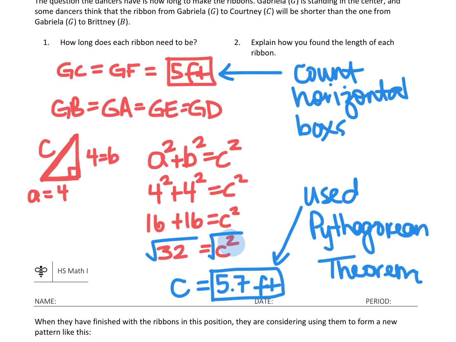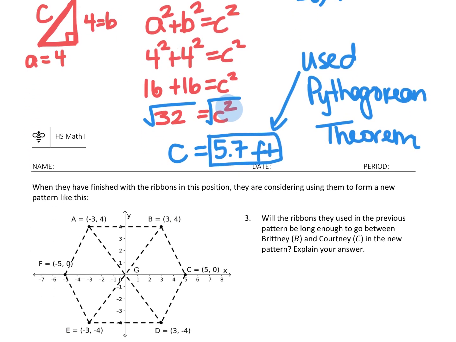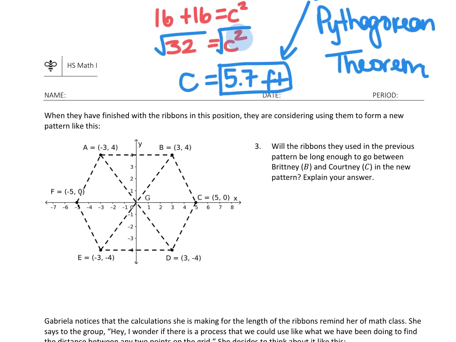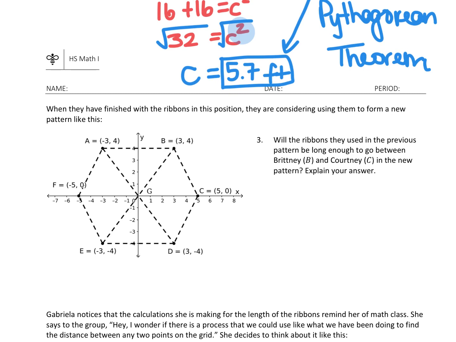All right, let's go ahead and move on to number 3. When they have finished with the ribbons in this position, they're considering using them to form a new pattern like this. Now the question is, will the ribbons they used in the previous pattern be long enough to go between Brittany and Courtney? So we don't know if we can reuse the 2 5-foot ribbons or the 4 5.7-foot ribbons for this new pattern.